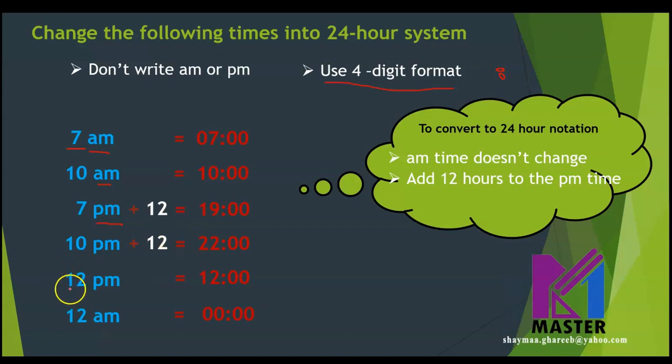So in the 12 p.m., I don't add 12 because it is 12 on the 24-hour system. And at 12 a.m., I don't write it as it is, unlike the other a.m. times, because I know that 12 a.m. is the midnight, or the beginning of the day, so I write it as 00:00. So these two times are very special and you have to know them very well. Is this clear?